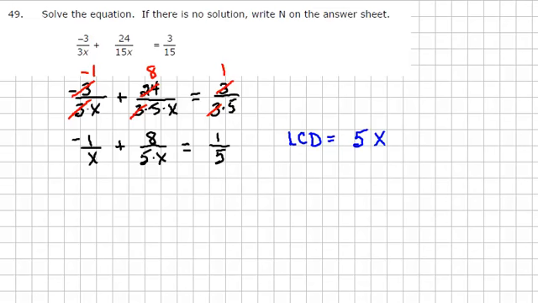So what we do in our next step is we multiply both sides of the equation by the least common denominator, 5x. Now remember, 5x is the same as 5x over 1.